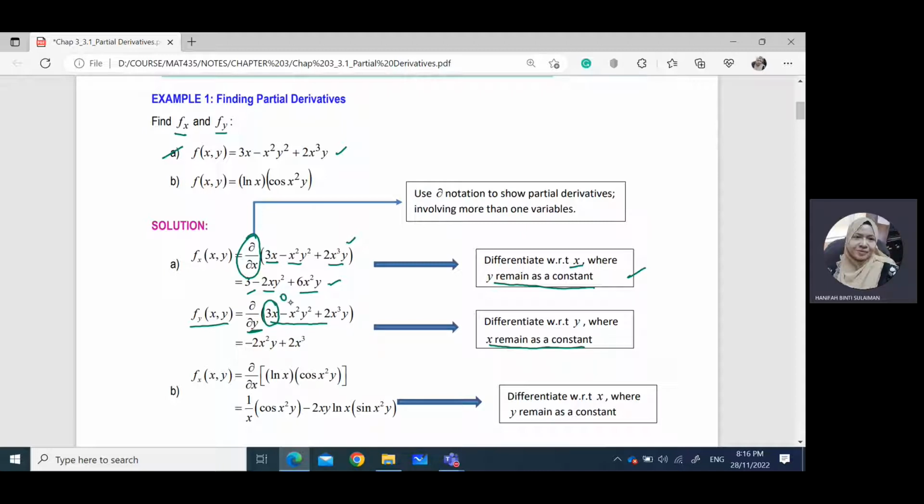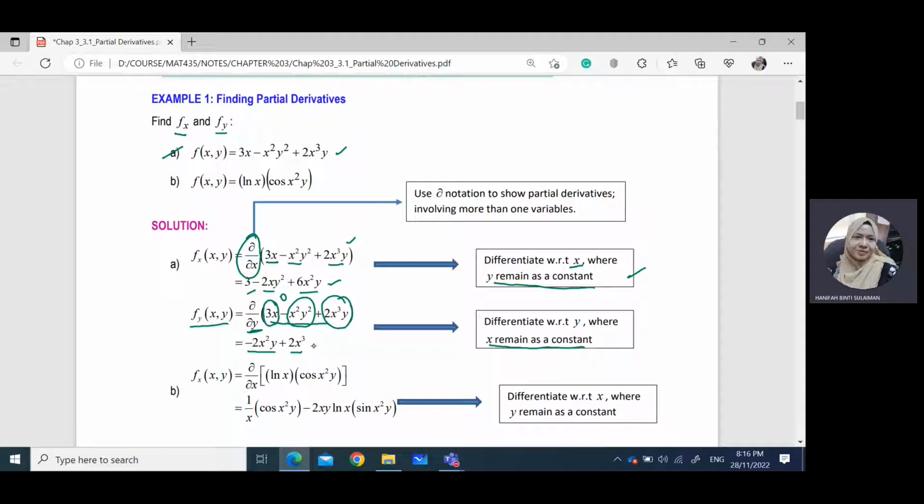We have 0. Okay. So the derivative with respect to y of x squared y squared, we have negative 2x squared y. Okay, and then plus the derivative with respect to y of 2x cubed y, here we have 2x to the power of 3.